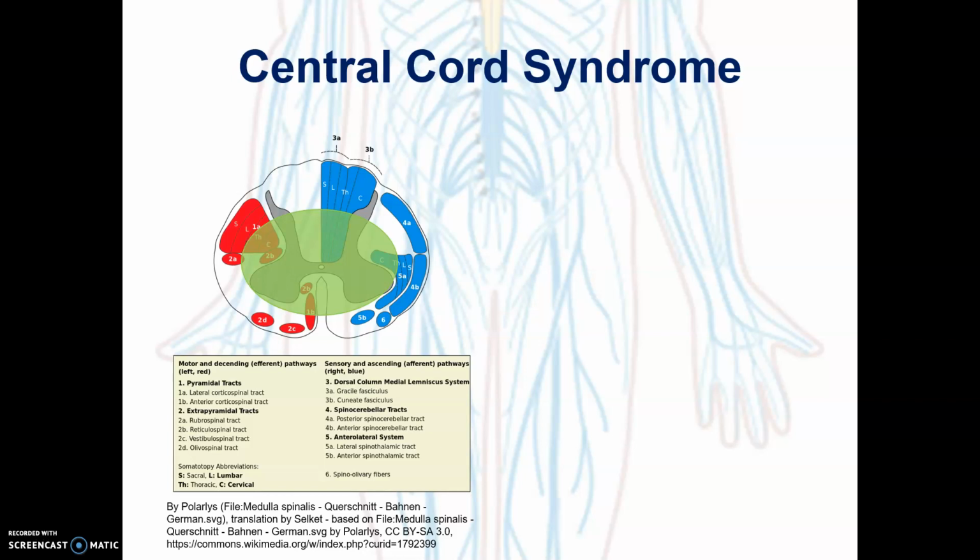There may be bleeding, which is more prominent centrally, which of course will cause damage to the cord. And finally, the penetrating arteries from the anterior spinal artery, they go deep and then fan out from that deep initial penetration of the cord. So if they are obstructed, the cord tends to be most affected centrally.